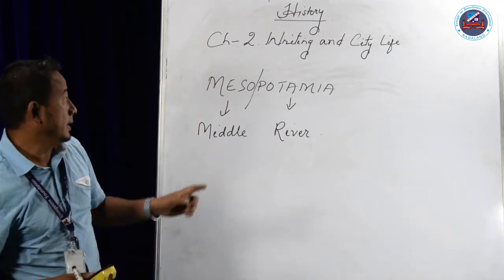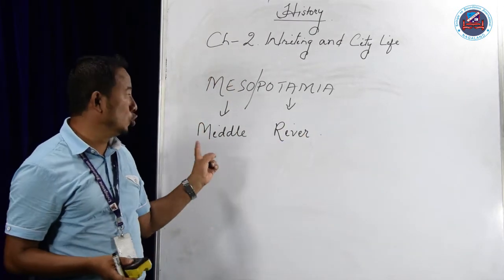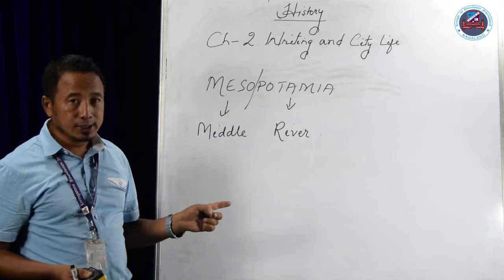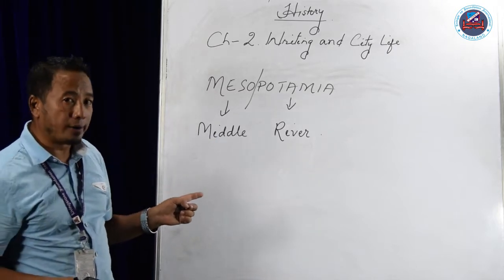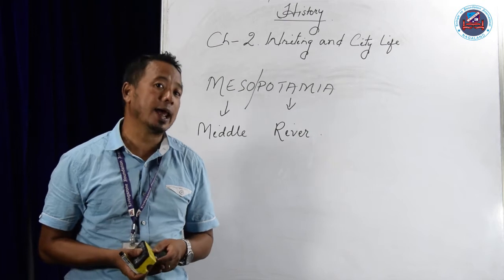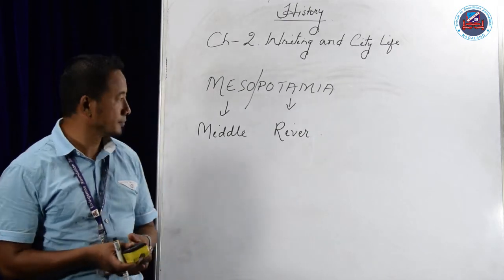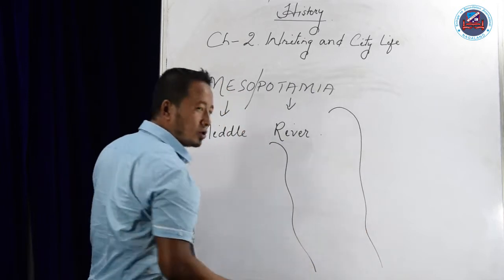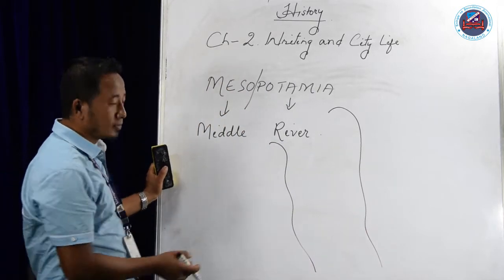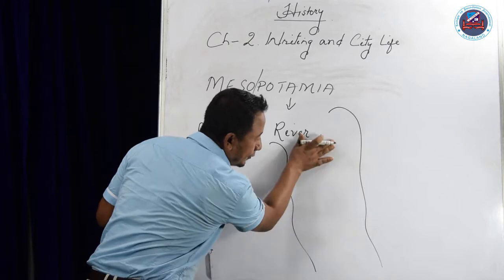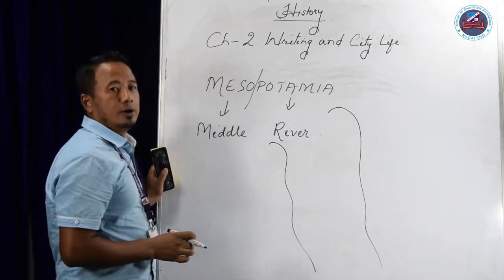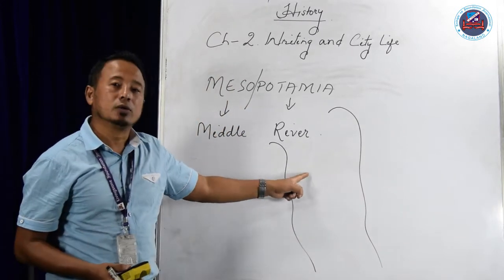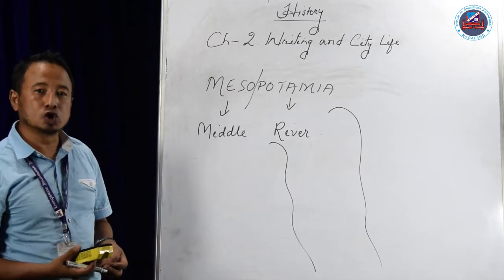That is, the land between two rivers. The two rivers are the river Euphrates and the river Tigris. Two rivers flowed down to the south of Mesopotamia. So the land in between the two rivers was once known as Mesopotamia.